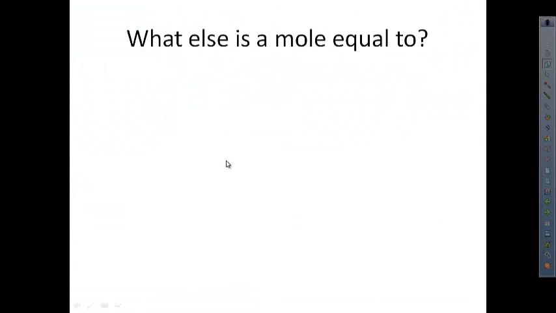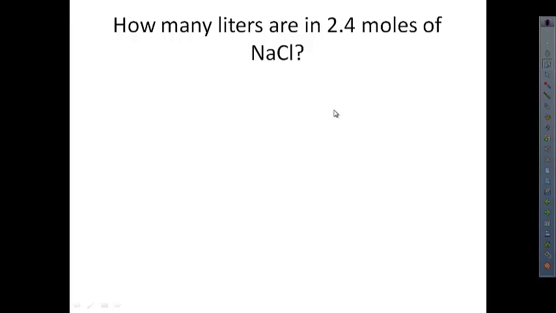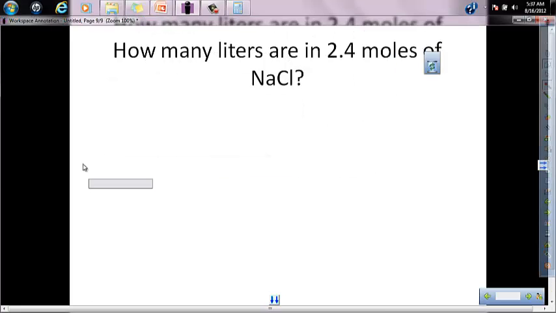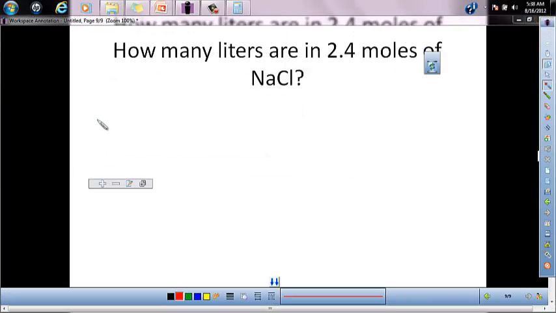So let's look at one. How many liters are in 2.4 moles of HCl? Well, we got 2.4 moles.